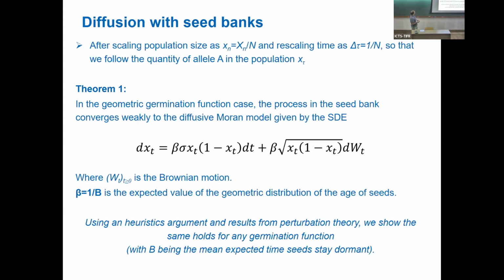But by doing different rescaling of time and population size, we can scale it appropriately so that we can recover an equation of diffusion which exactly mirrors what we would expect under the seed bank model. So you can see, I hope, that now we have this dX_t, that's the frequency of the allele big A in a population. This term is the one I wrote here, right?